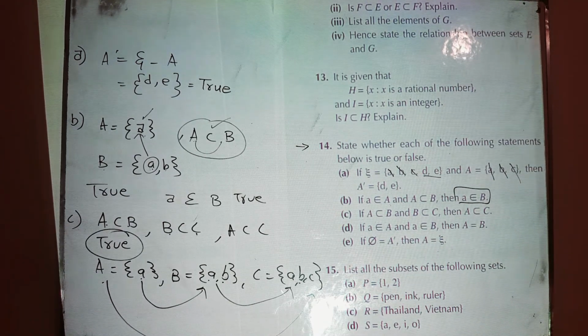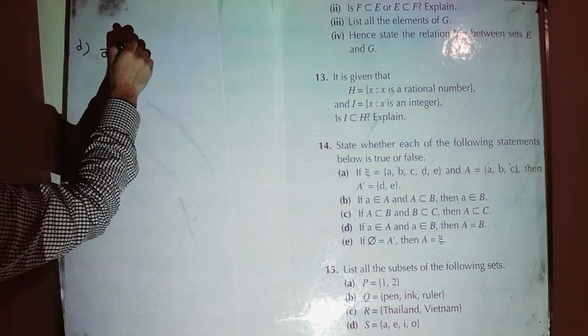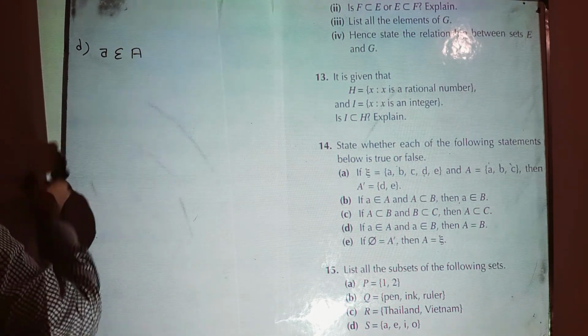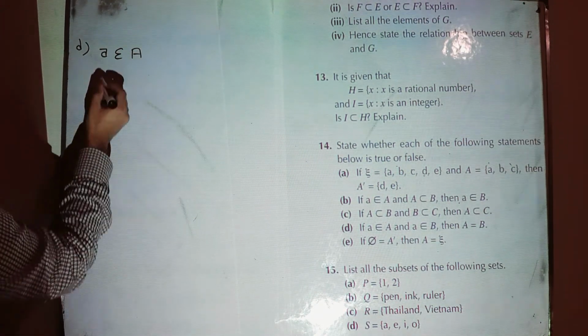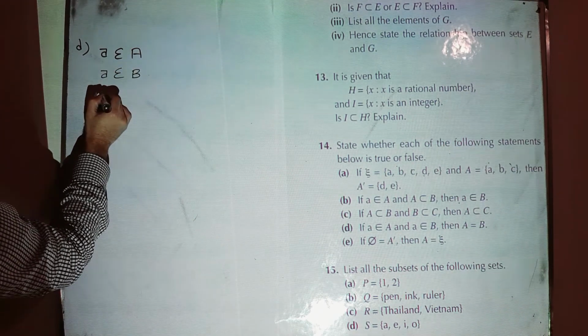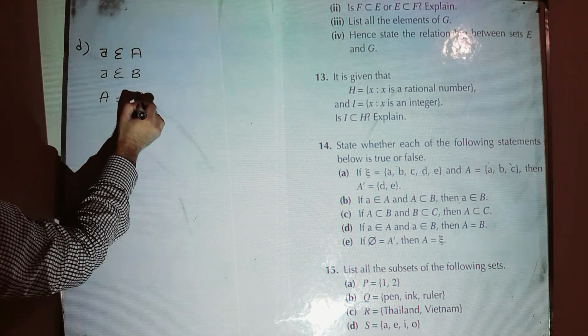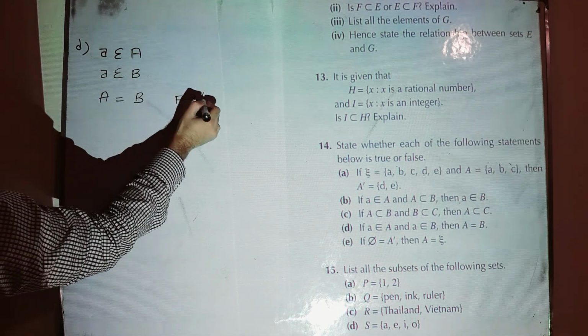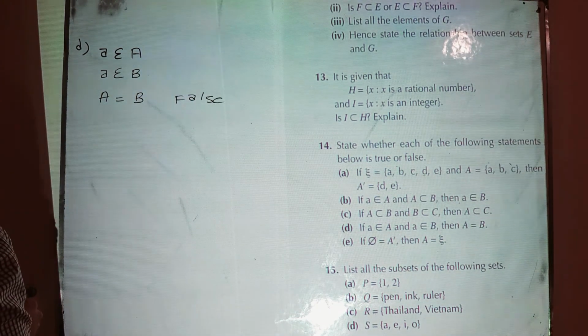Then part D says if this alphabet is an element of set A and this alphabet is an element of set B, then that implies A is equal to B. False. That is not necessary.